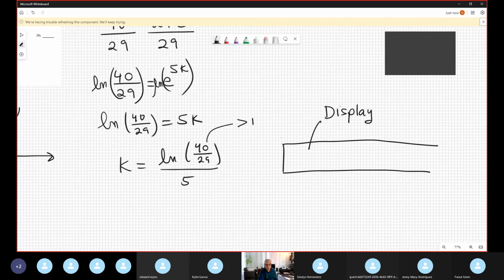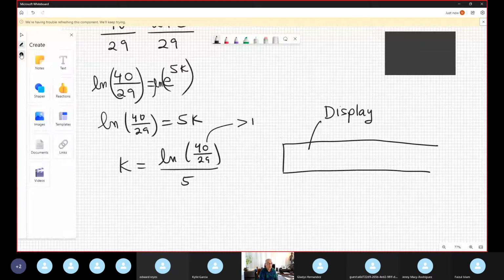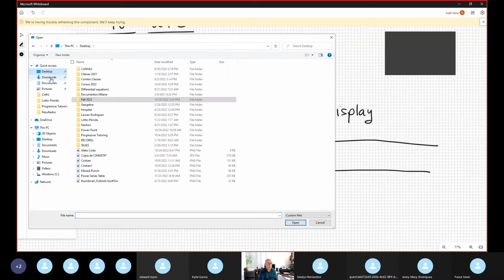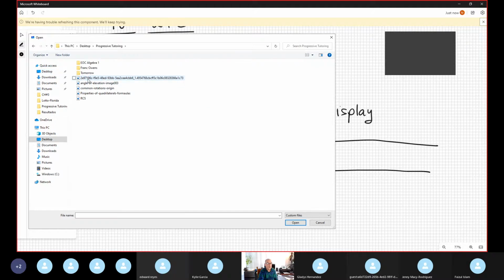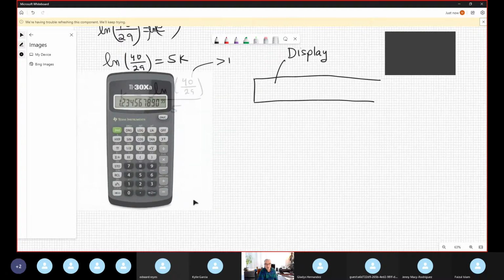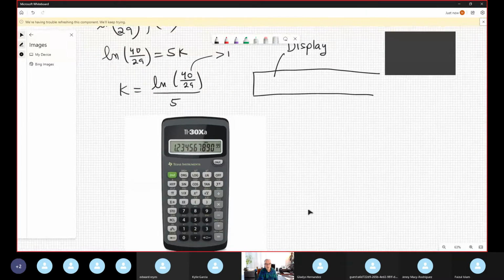I don't guarantee you guys I found it in my computer. Check. Okay, desktop. I suppose here we have a calculator. This calculator looks similar to the calculator you have or no?